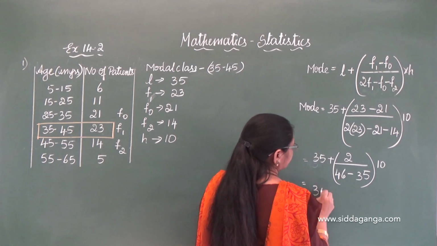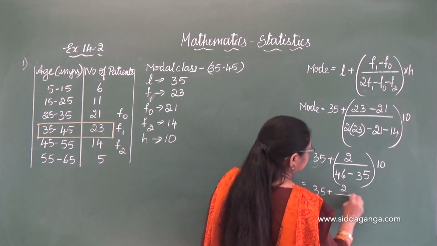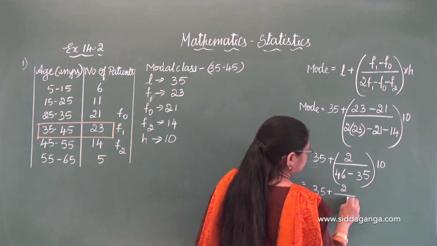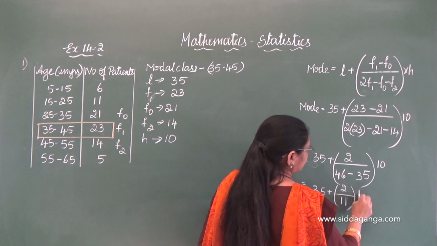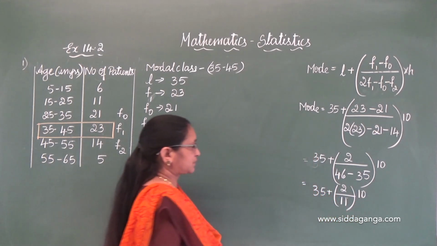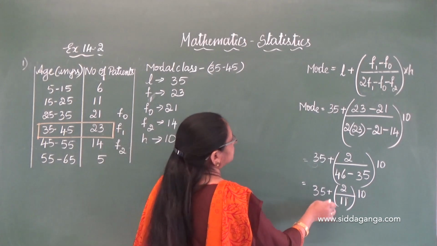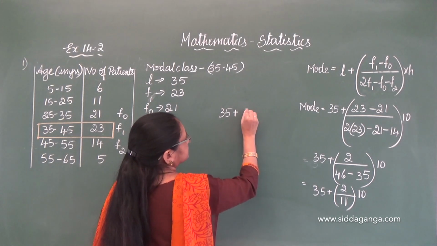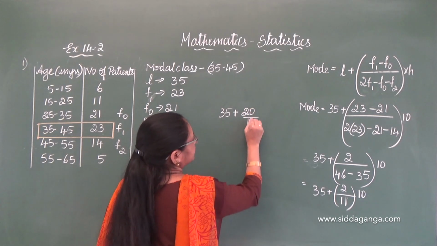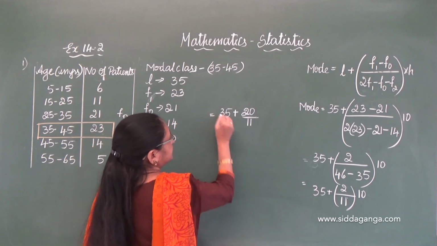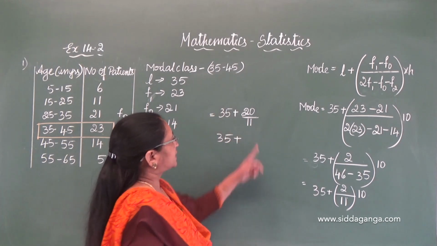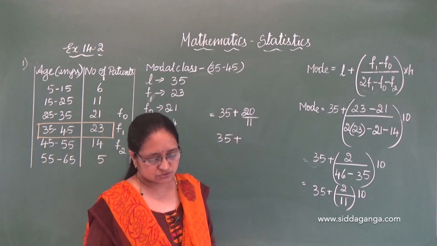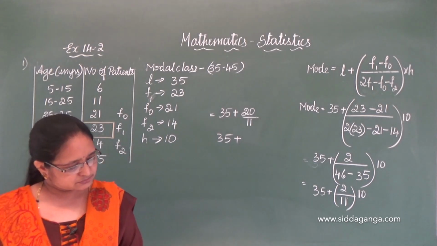Okay, 35 plus 2 by 11, into 10. So let me continue here: 35 plus 20 by 11. You can convert this into decimal, it will be 1 point something, 1.8.